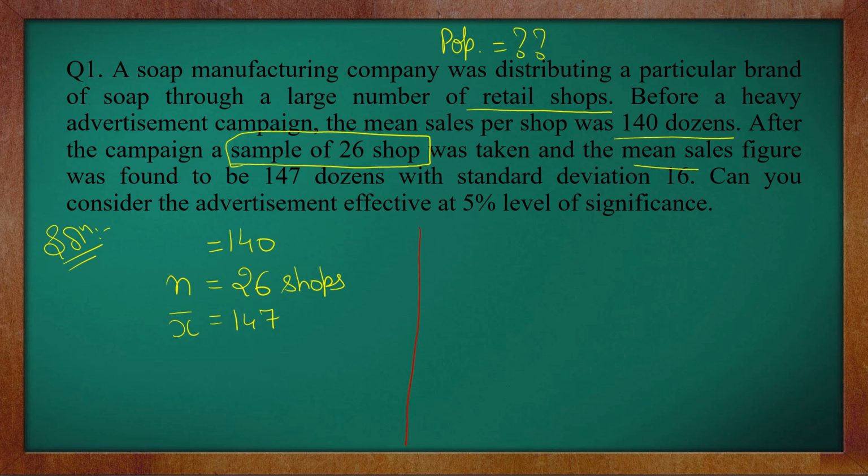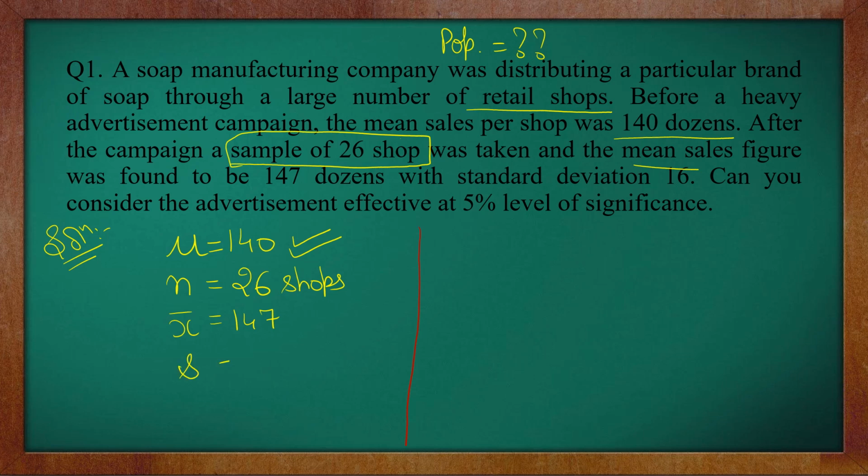So in the first line, when they were saying that before a heavy advertisement campaign, the mean sales, this one is the population mean. For all shops on an average, this is the sale. Okay, along with standard deviation 16.